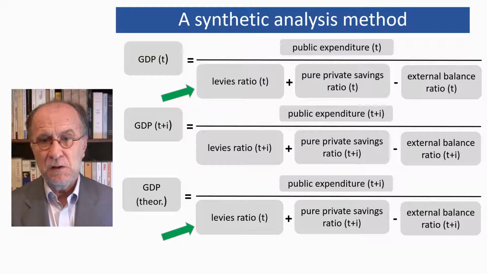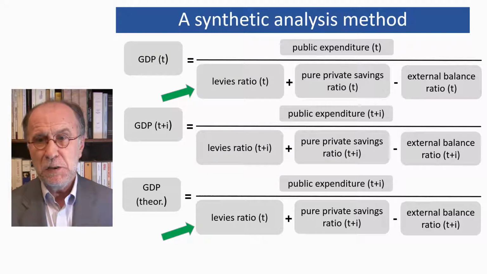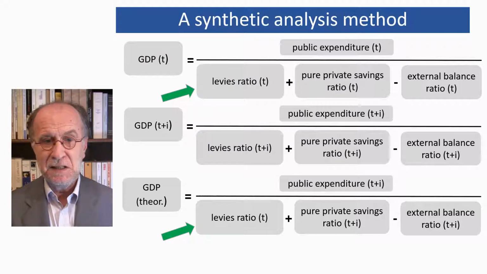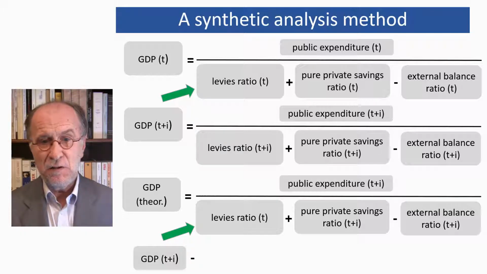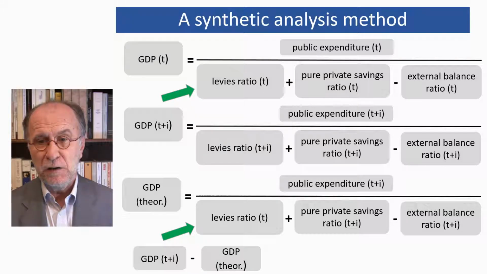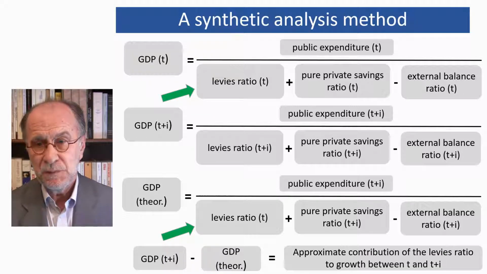The change in the levies ratio from its value in year T to its value in year T plus I causes GDP to change from the theoretical value I just mentioned to its year T plus I value. The difference between the value of GDP in year T plus I and its theoretical value is therefore the approximate contribution of the levies ratio to GDP growth between year T and year T plus I.